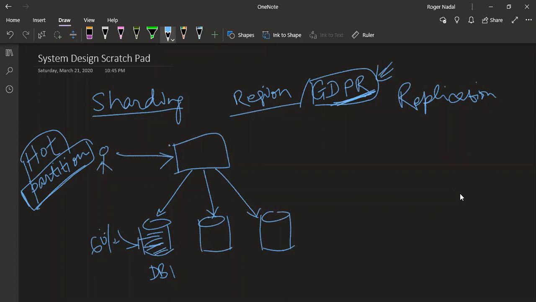The problem we are now stuck in is that a particular tenant gets hashed to a particular instance of the database, and the others are underutilized. I'm just throwing out a scenario.